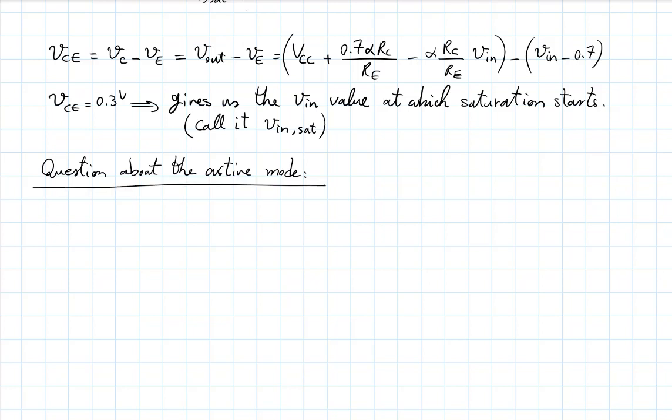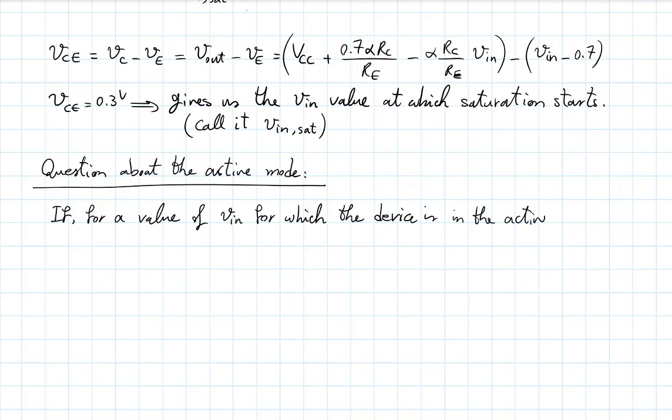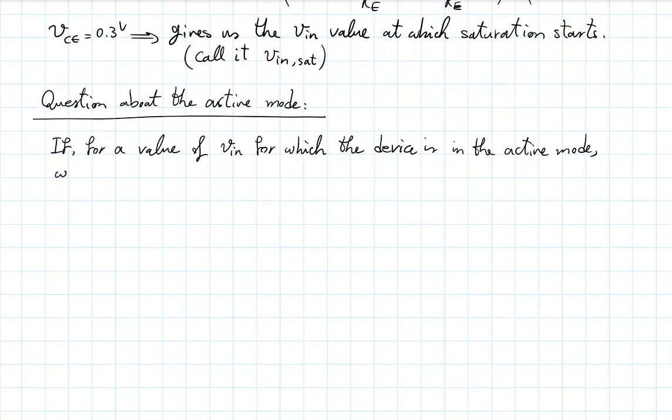If in the active mode, for a value of Vn for which the device is in the active mode, I change Vn by a small amount, delta Vn. What is this?